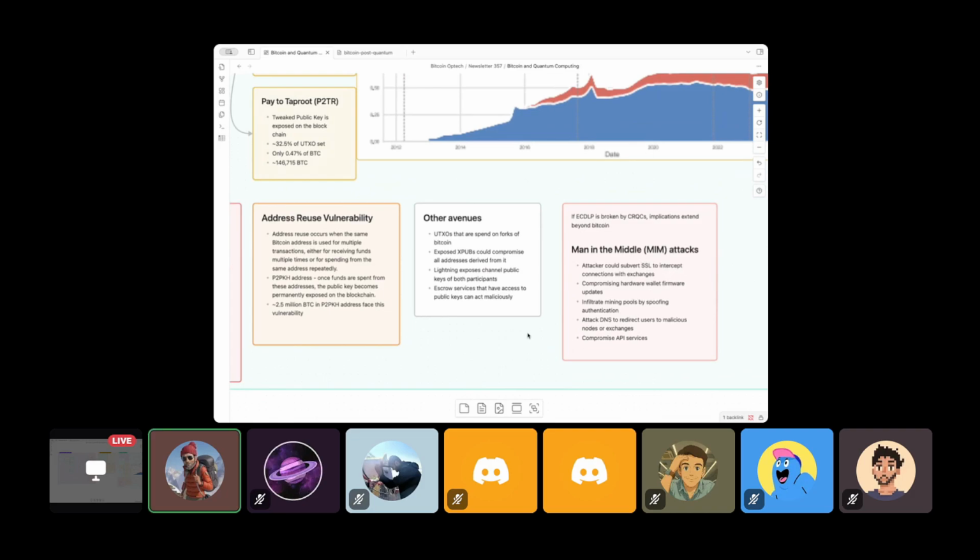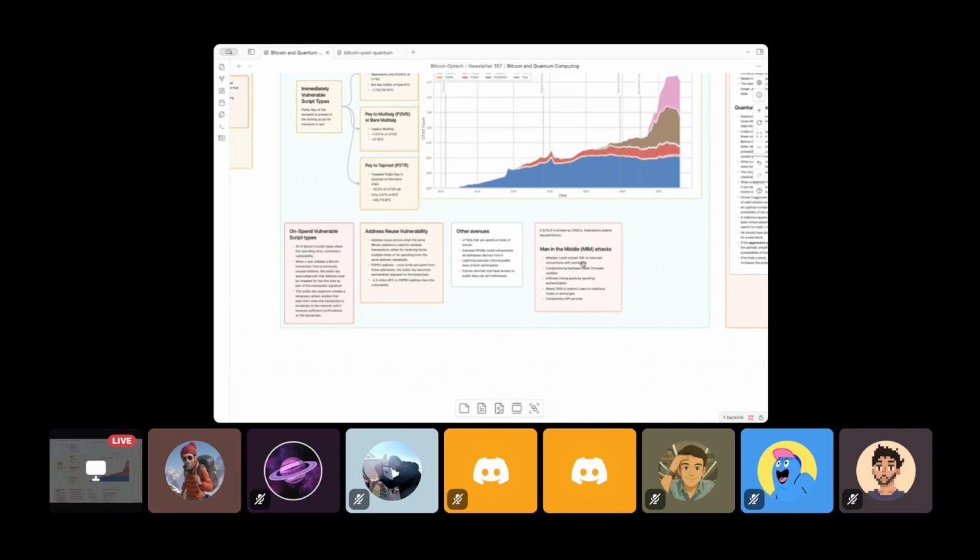The attacker can sit in between the mining pool and the miner and compromise or spoof the communication between the pool and the miner. The attacker can also sit between the hardware wallet's firmware and the user itself. So using this route also, quantum threats can be realized on the network. So we had a discussion about all these things.